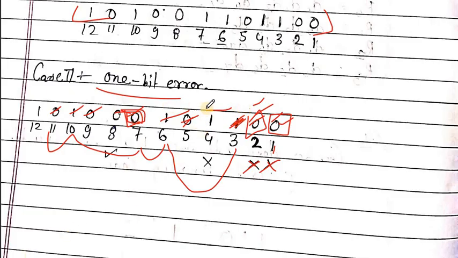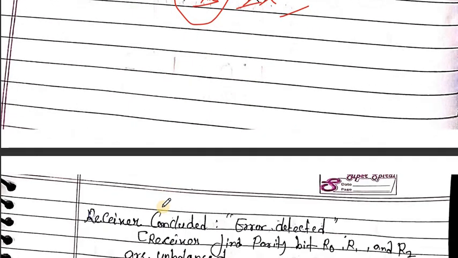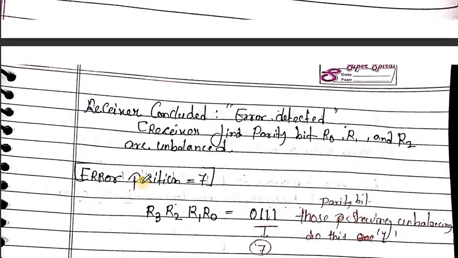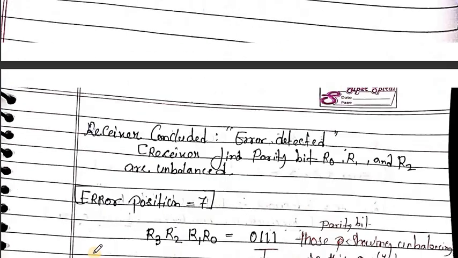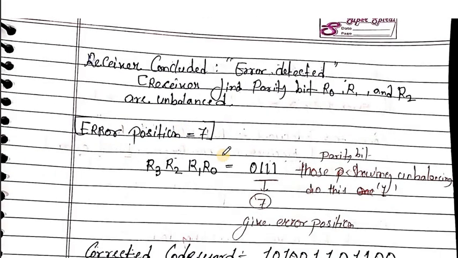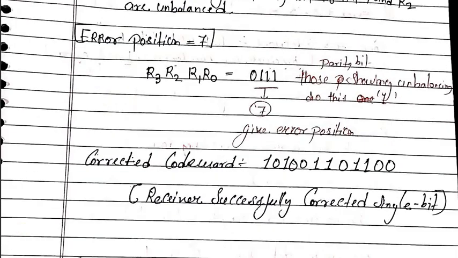Now follow the same method for R3. After that, the receiver will conclude that 3 parity bits are unbalanced. Now, to correct the received binary string, the receiver will make a binary string of all parity bits.